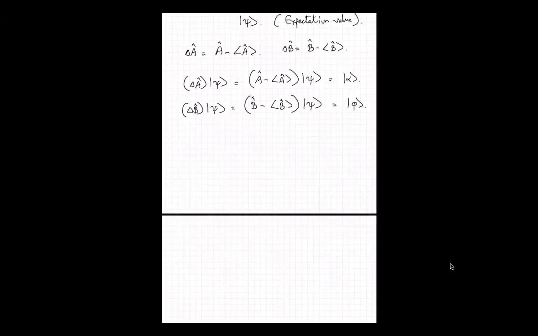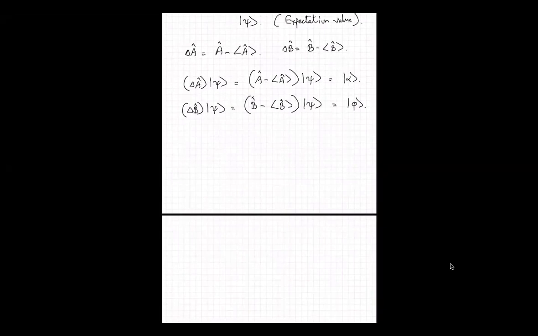There is something called the Schwartz inequality that you will study in your mathematical physics course, which I will not derive here because the proof is very common, and you can find it in any book on linear algebra.